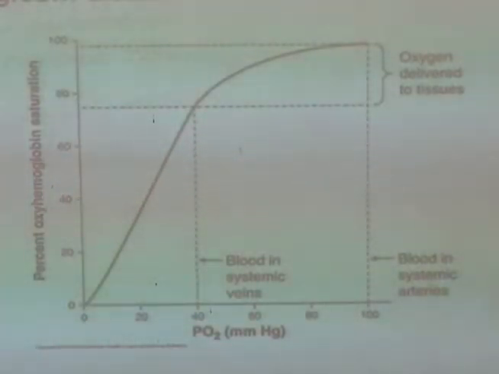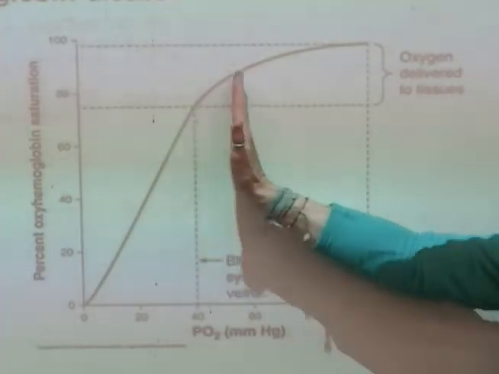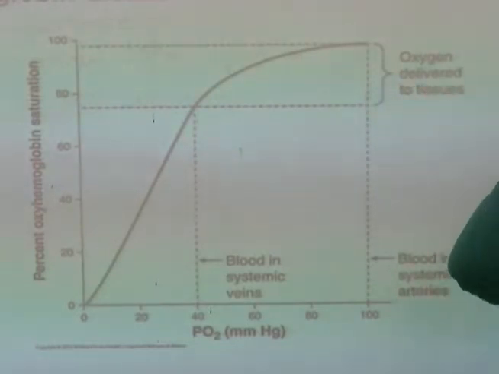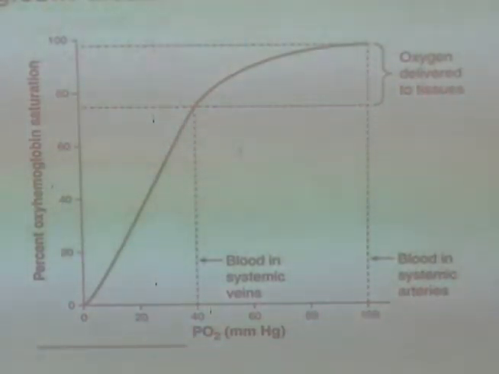One of the things that happens when we exercise is that the temperature in the muscle that is doing the work increases. And an increase in temperature shifts the curve to the right, which decreases the affinity or the bond between hemoglobin and oxygen.